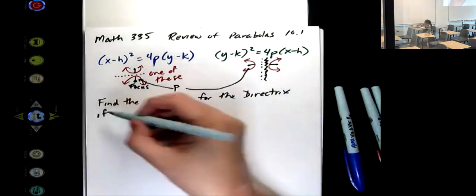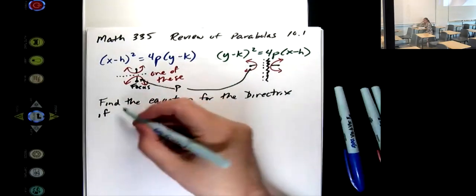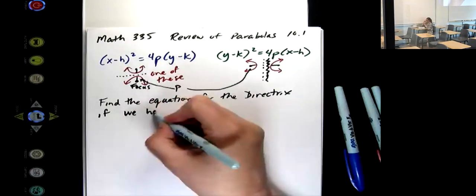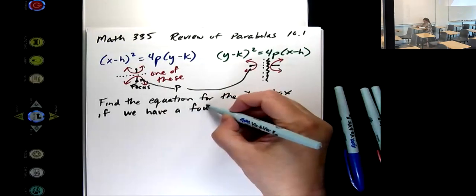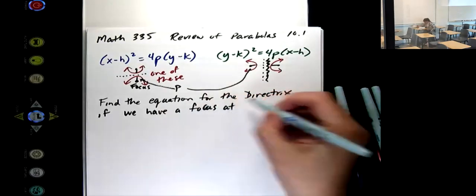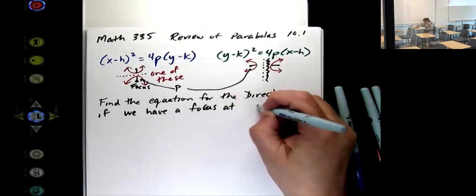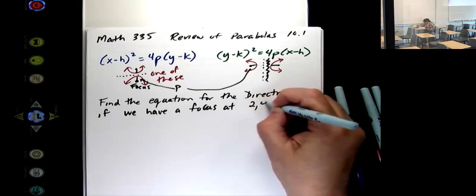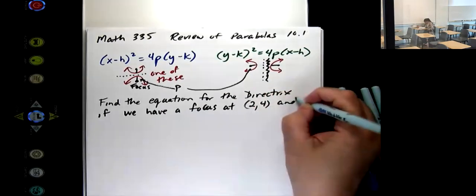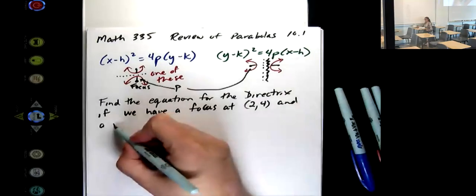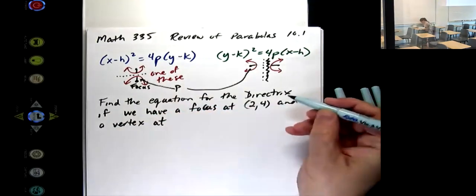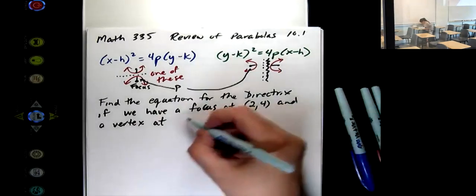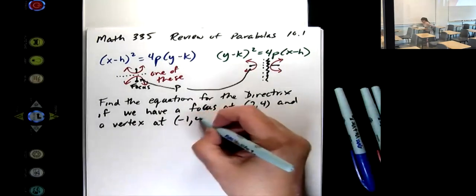If we have a focus at (2, 4) and a vertex at (-1, 4).